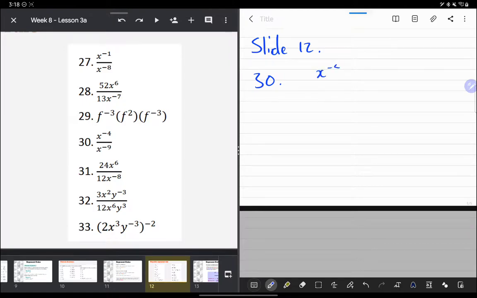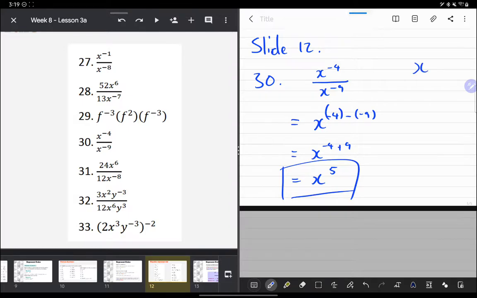Now, yep, so we would go minus 9, which is actually a plus, right? So it will be a negative 4 plus 9, which gives us that.